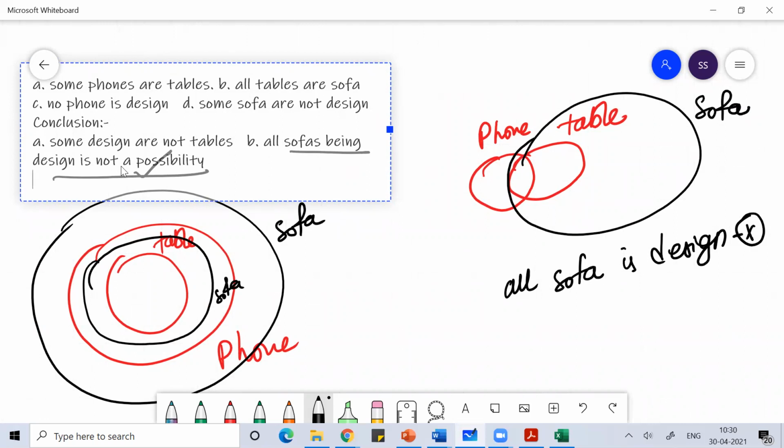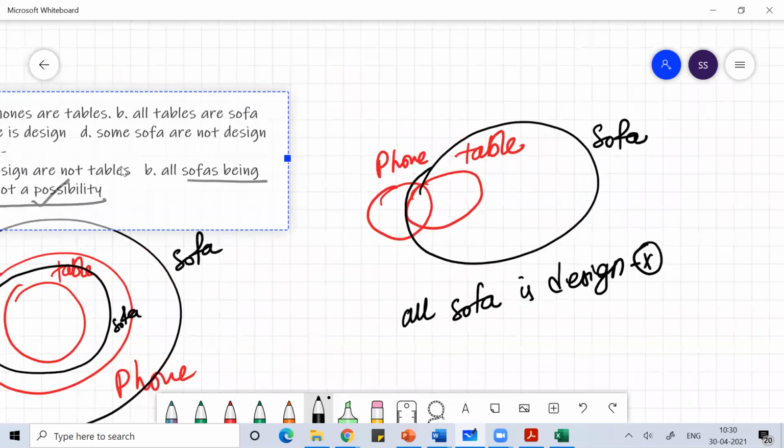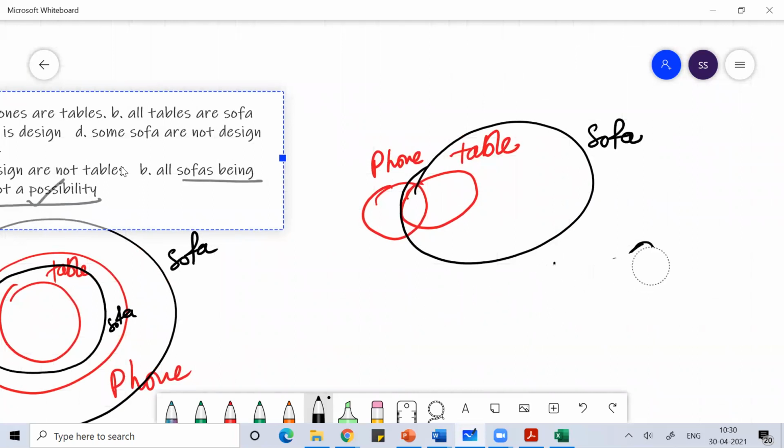So if some sofa are not designed, it means all sofa are designed is not at all true. There is no possibility of that, because if all sofa became designed, then some sofa are not designed can't be true.